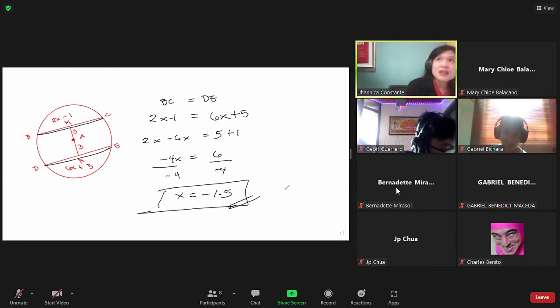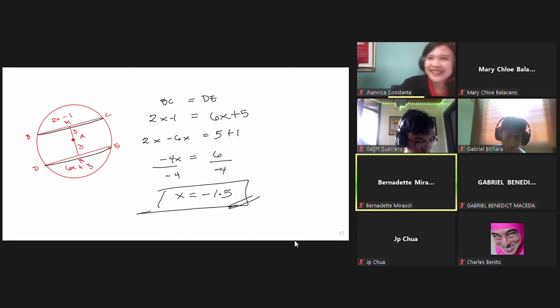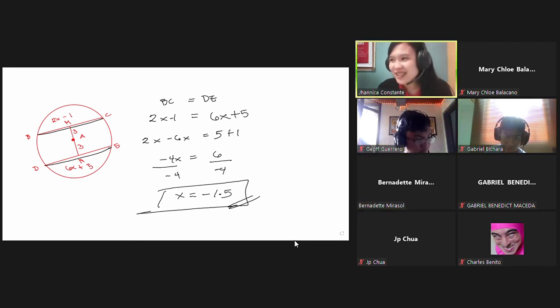Give me the exact measurement of the chord BC and chord DE, if our x is equal to negative 1.5. Yes, Bernadette, what's the exact measurement?